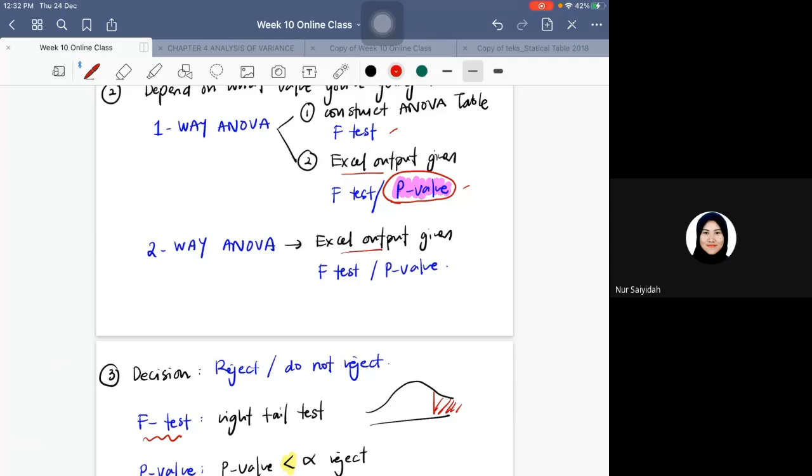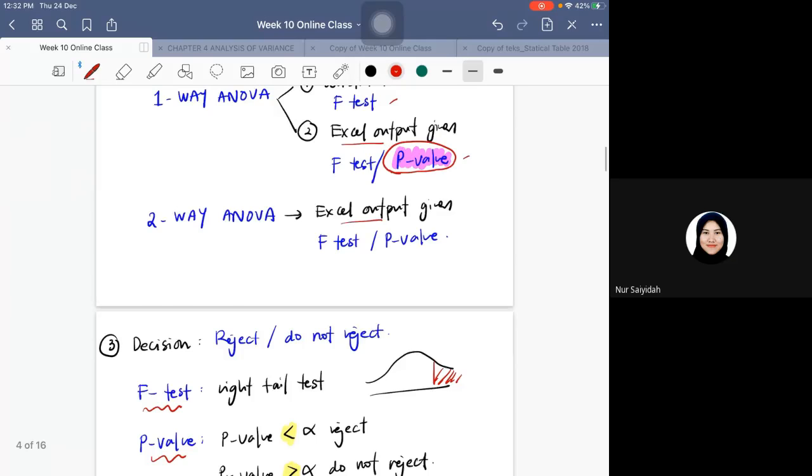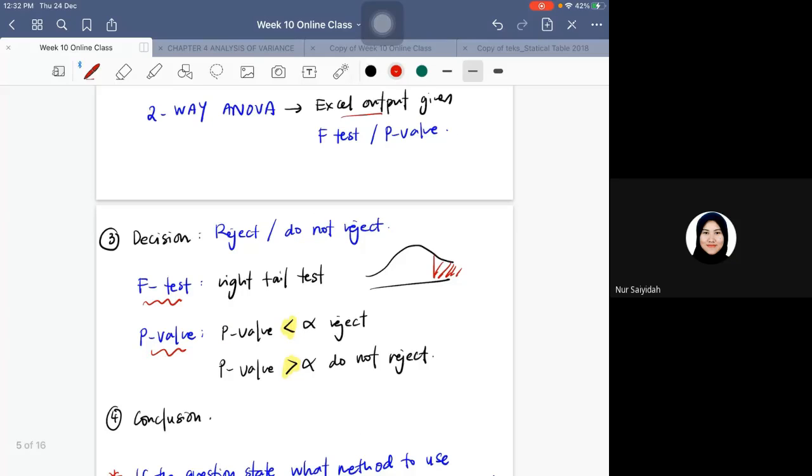And of course, from that, you're going to decide whether you're going to reject or do not reject. If you use the f-test, you're going to do a right tail test. If your value of the test statistic is greater than the critical value, you are going to reject. It's a right tail test. Or if you use the p-value, if the p-value is less than alpha, you reject.